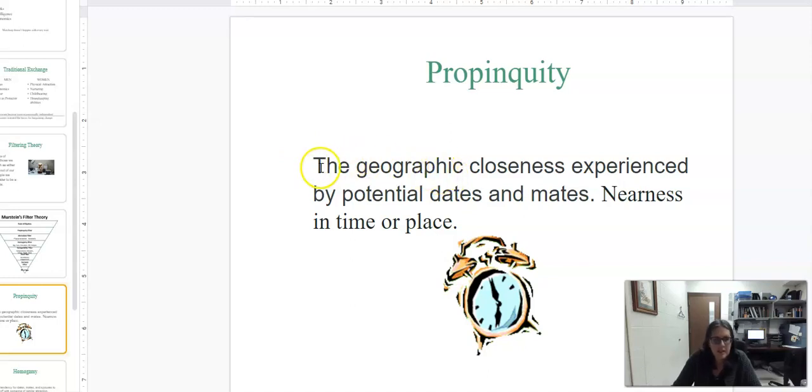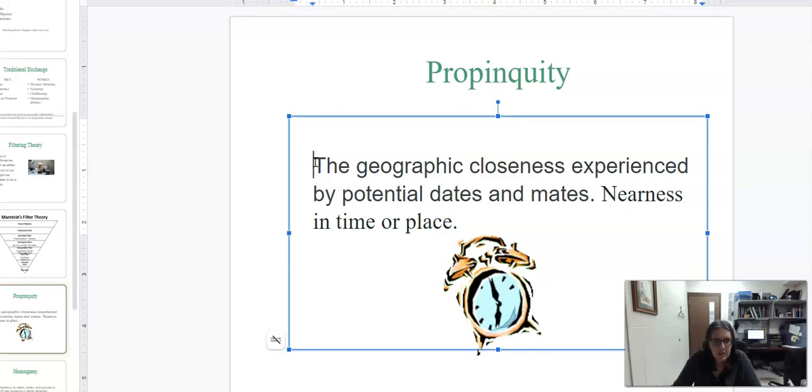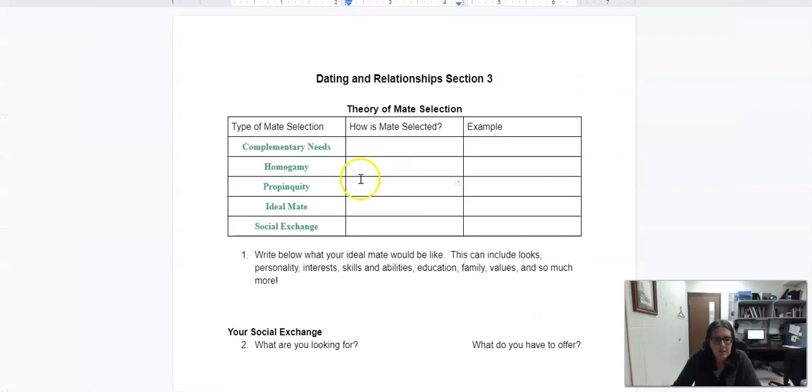So like we're in Minnesota, we're most likely not going to date people in Texas. Okay? Doesn't mean it doesn't happen, but that's one way that we filter people out. Okay, so that would be what you'd write and what it is, and then my example. So you're dating someone nearer to you.